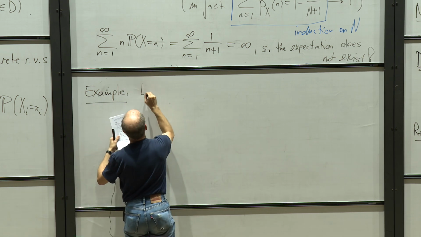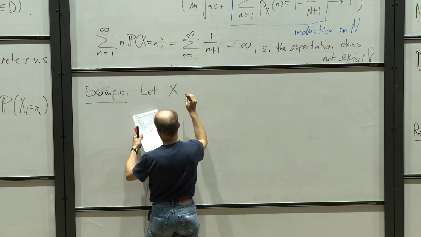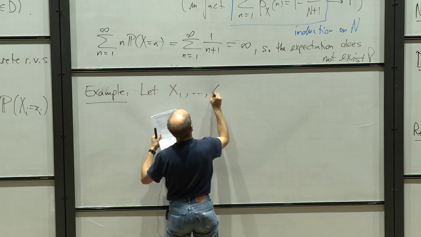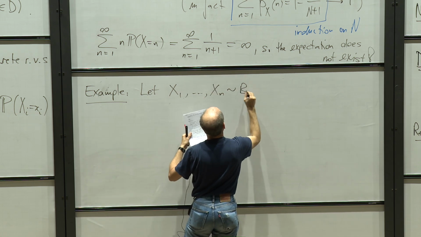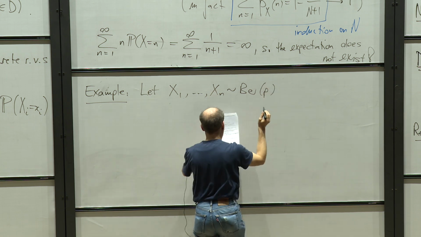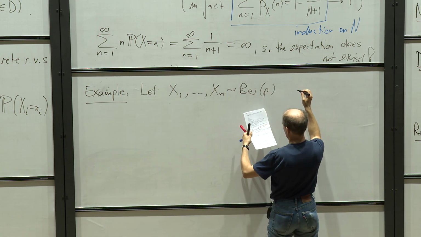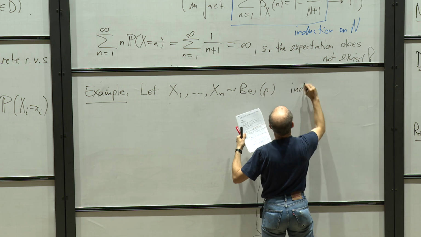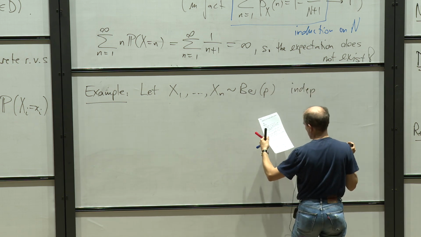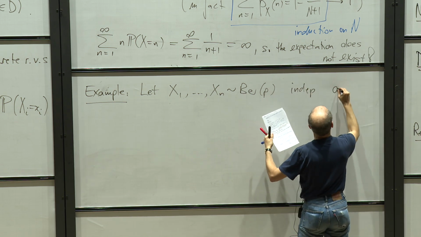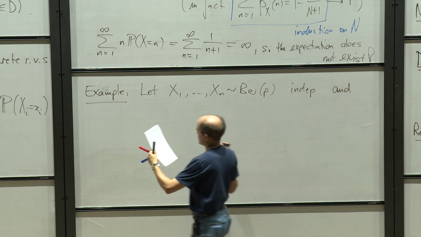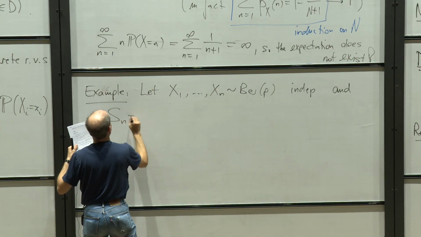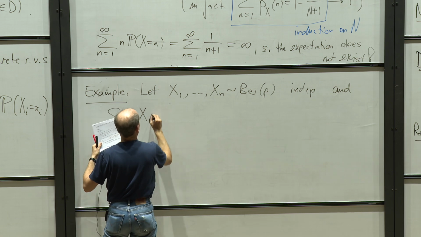And let's say we can now say let x1 up to xn be Bernoulli distributed with parameter p. And let's suppose that they are all independent in the sense that we've just defined. And let us look at the sum Sn of all of these xi's.